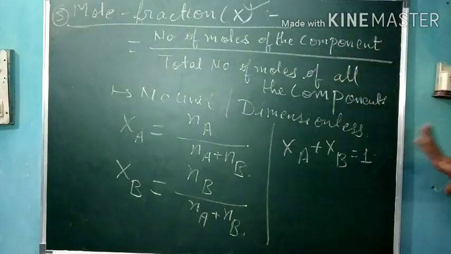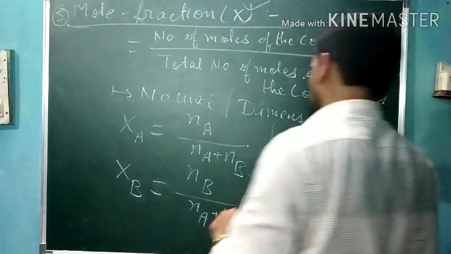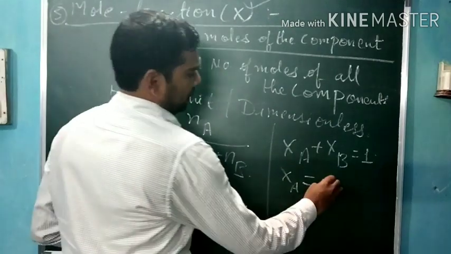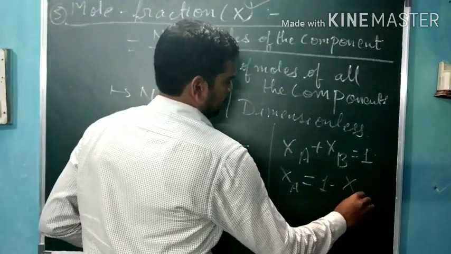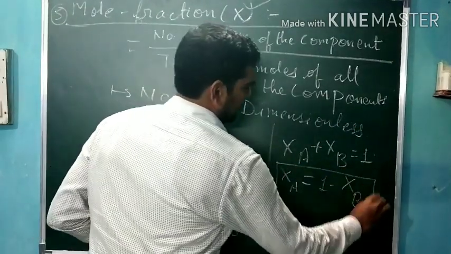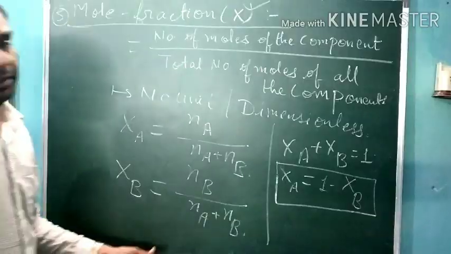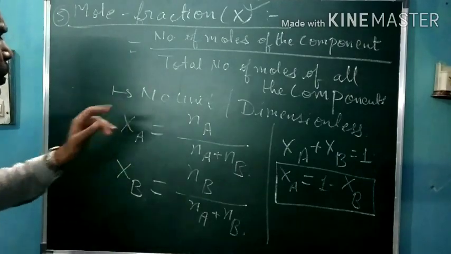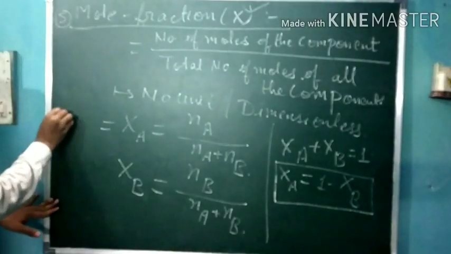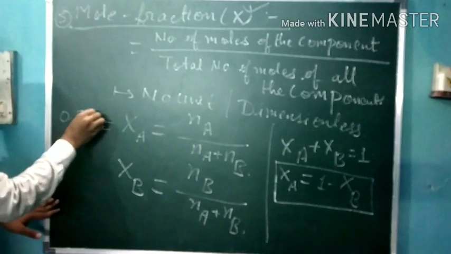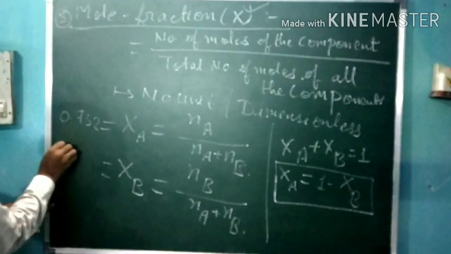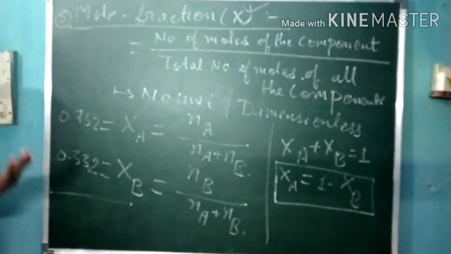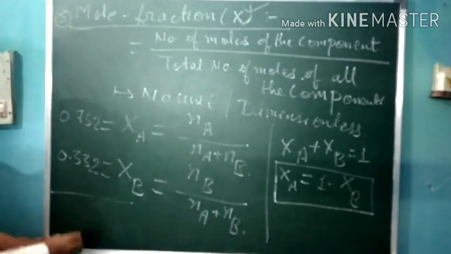Okay. Now if you want to calculate Xa, suppose I want to know the value of Xa, then Xa is equal to 1 minus Xb. We will get this from this equation. Point to be noted here. If you are solving a numerical and you are getting one component's value, suppose 0.732, and the other you are getting 0.332, always when you do the sum, if you are solving the numerical correctly, the sum will come to 1.